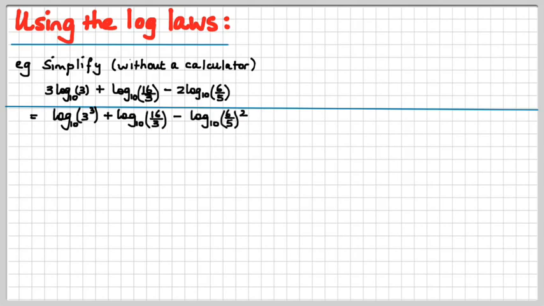Now we're going to do log law 1 and 2. We're saying that if this log is added to that log, that must mean that that is the index of this number multiplied by that number. And then this here is a dividing one because it's a subtraction one. That's log law number 2.